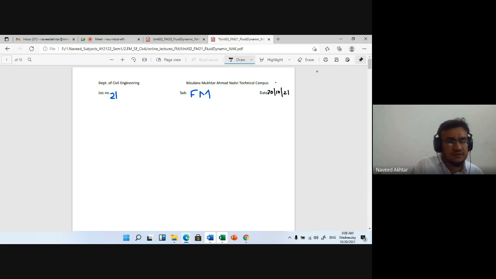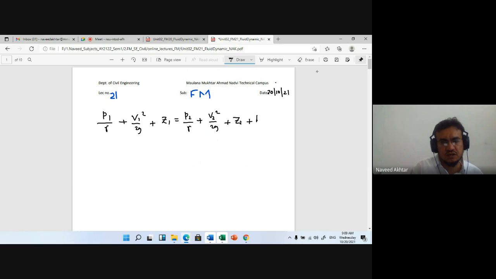The Bernoulli's equation of fluid flow is P1 upon gamma plus V1 square upon 2g plus Z1 is equal to P2 upon gamma plus V2 square upon 2g plus Z2, plus the head loss HL if there are losses.